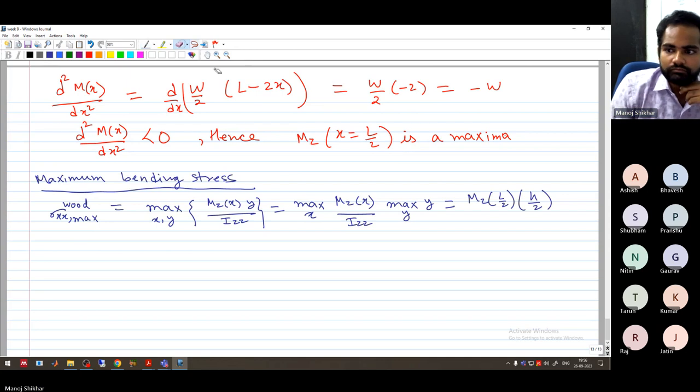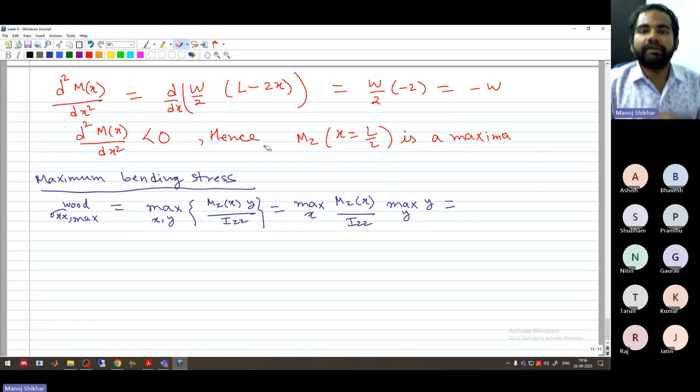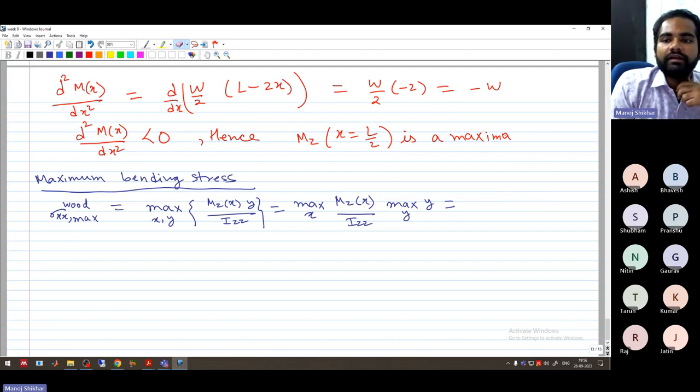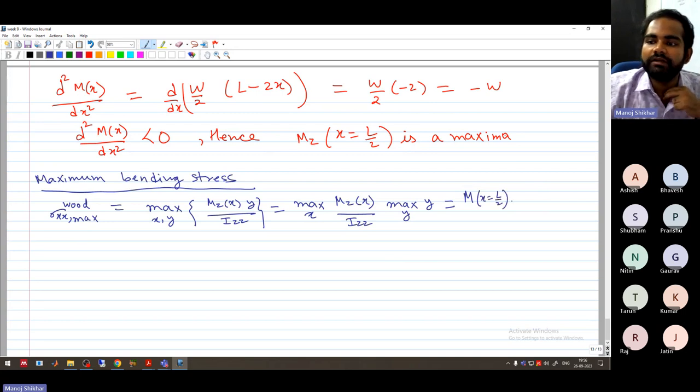So the maximum of moment will be where? At L by 2, right? So from here we can calculate it also. At x equal to L by 2, we have to calculate the moment, and y will be maximum at y equal to h by 2.